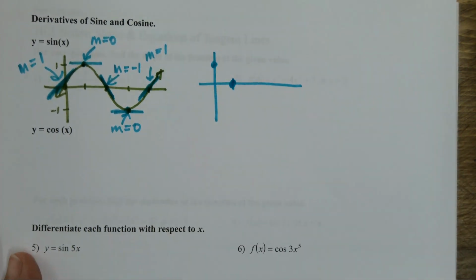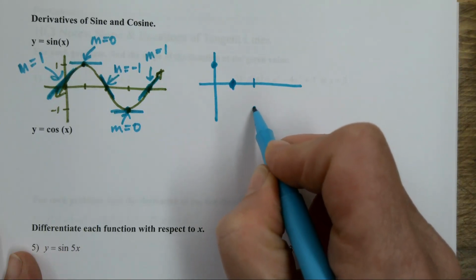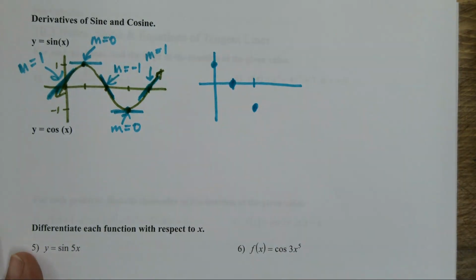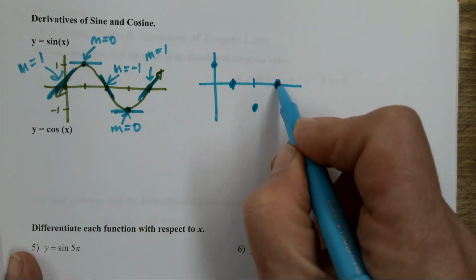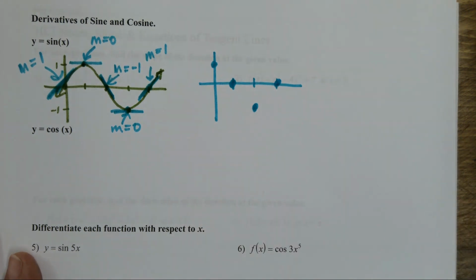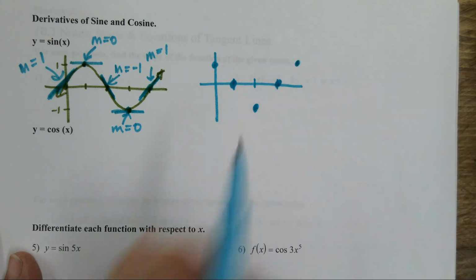So I made it look flat, changing directions. And then at pi, it looked like my slope was -1, so I'll plot that down there. And then my next slope looked like it was 0 again. And my last slope looked a lot like the first slope.